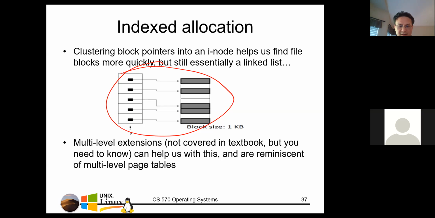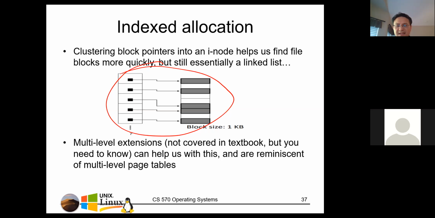So for the same file size, you would need the same amount of space for the inode structure, if not more, in the multi-level indexing to describe the file.